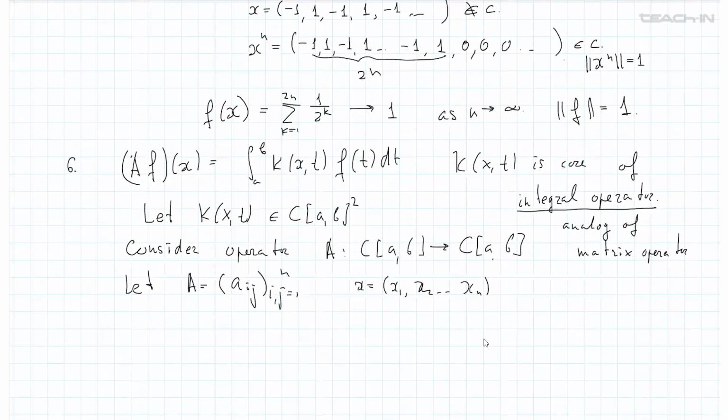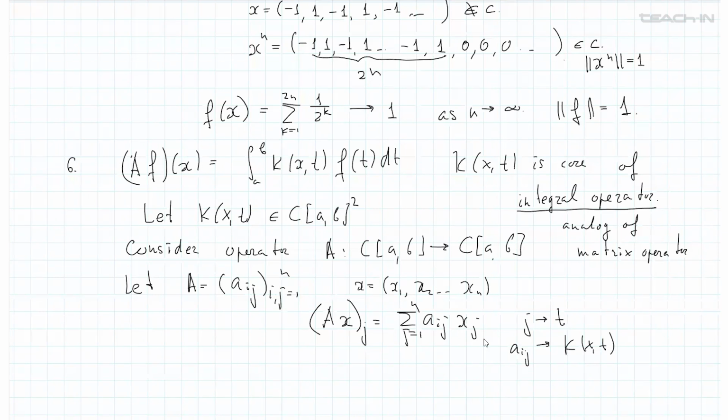When we multiply A by x and want to find the i-th coordinate, it is just the sum of a_ij x_j, j from 1 to n. And now change j to t, a_ij changes to k(x,t), and the sum changes to the integral.